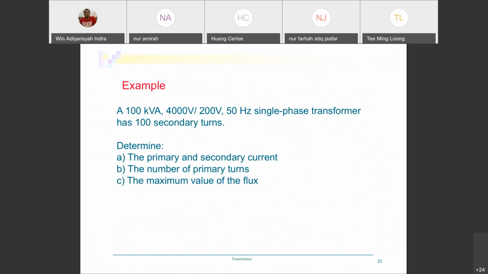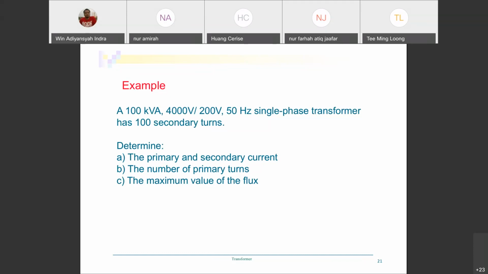This one. 100 kVA, 4000 volt, 200 volt. 100 kVA is S, the apparent power. 4000 is EP, the primary voltage. 200 is the secondary one. 50 is the frequency.